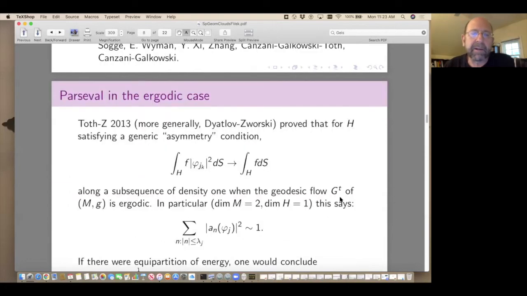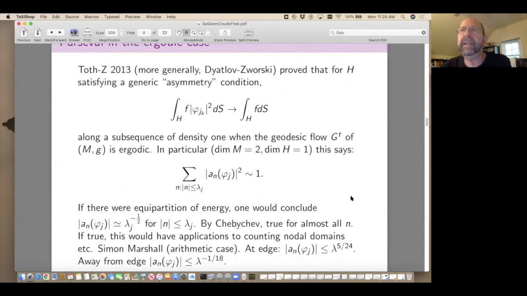All right, now in the chaotic case, for sure the chaotic case is the one that people are most interested in, but they never saturate any of the estimates.